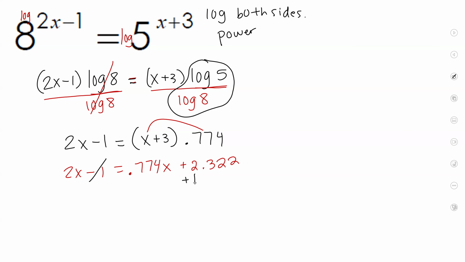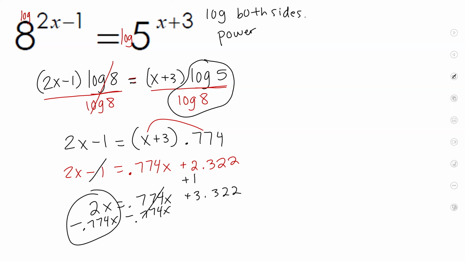So I'll have 2x equals 0.774 x plus 3.322. And then subtract 0.774x, subtract 0.774x. What does this become? 1.226, thank you, equals 3.322. We're going to divide both sides by 1.226.